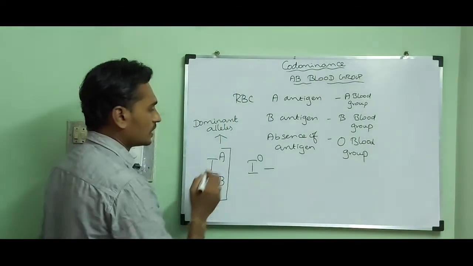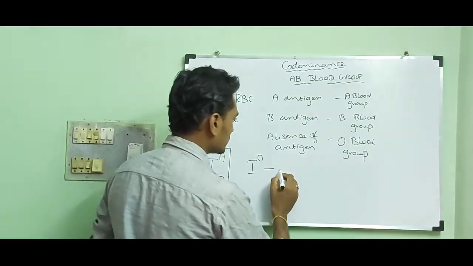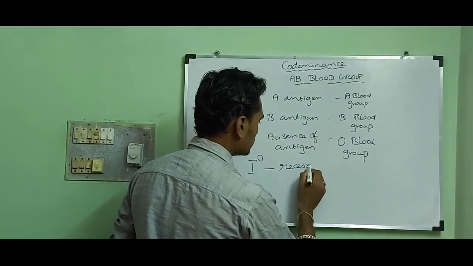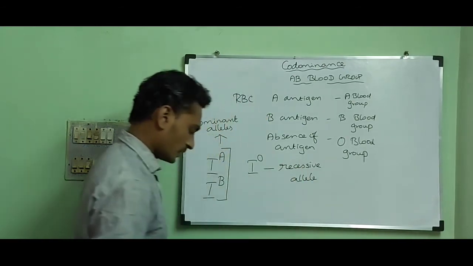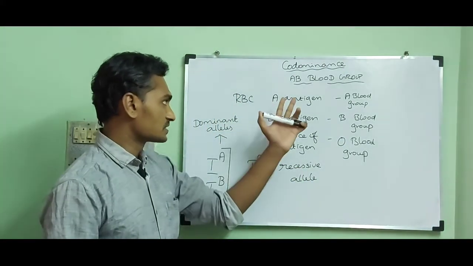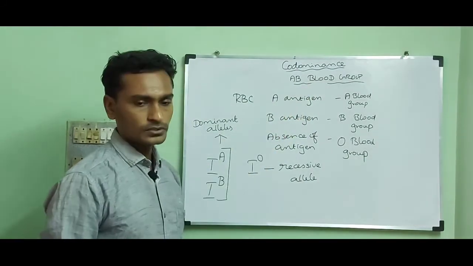Then the allele O is the recessive allele. Now we are going to discuss the AB blood group only.